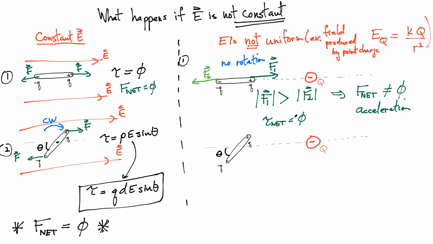All right. Now take the case where our dipole moment is again at some angle with respect to the axis joining the negative charge, producing another electric field. In this particular case, again, we can look at the forces acting on the dipole.